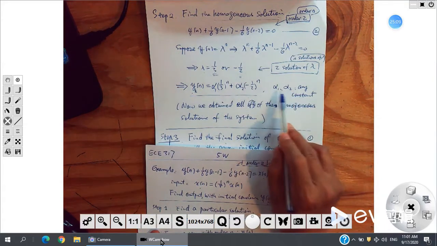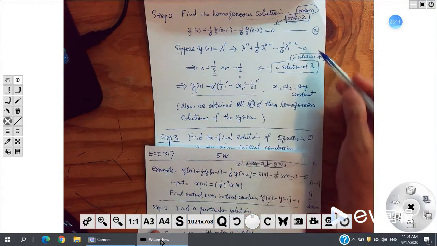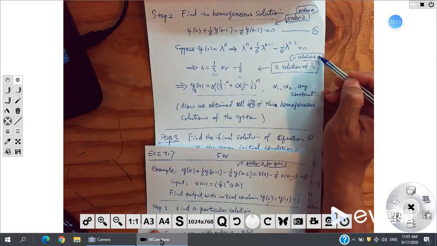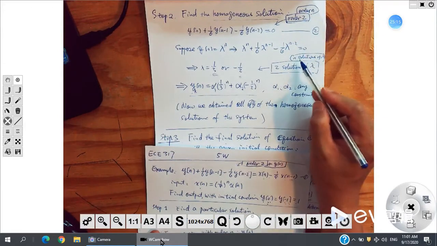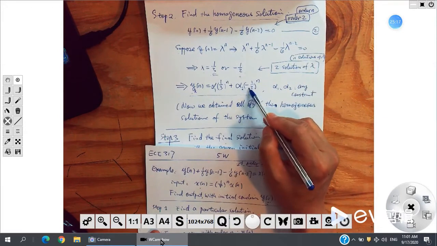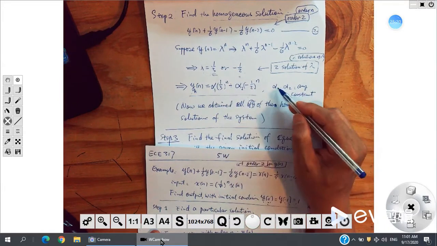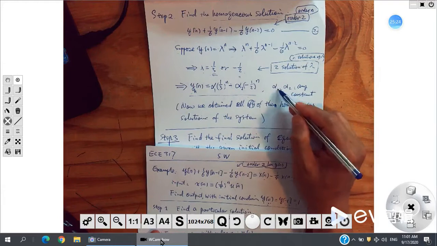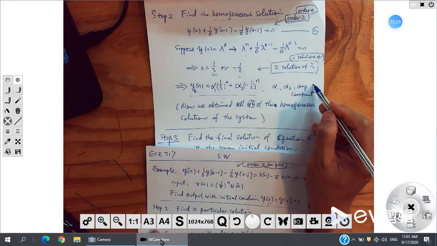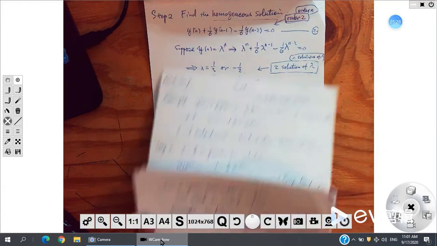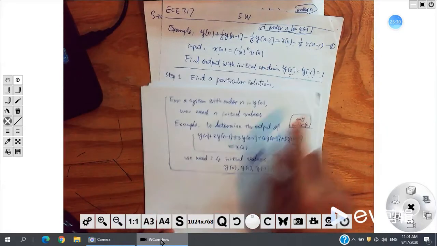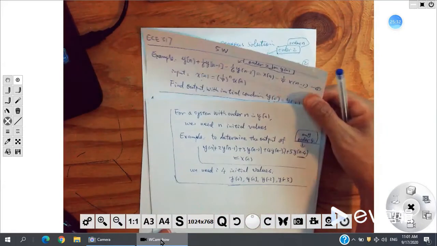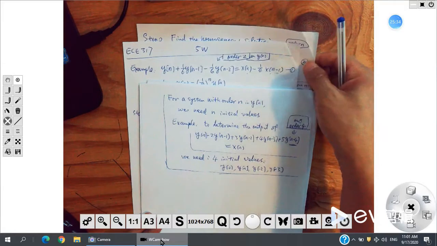We have 2 free. And if the system has order n on y, then we have n solutions of lambda. Then we have n free coefficients, alpha 1, alpha 2 until alpha n. Then to find those, you need n initial conditions, right? So this is another way.